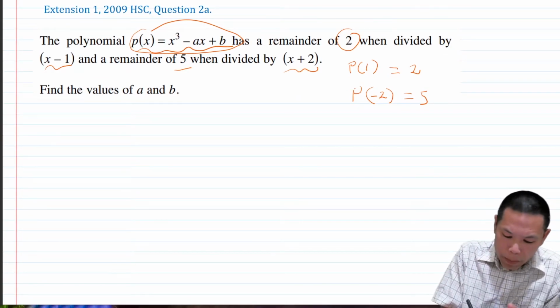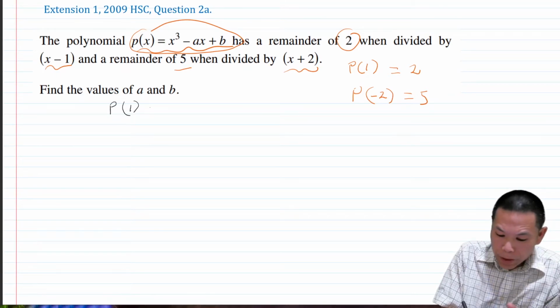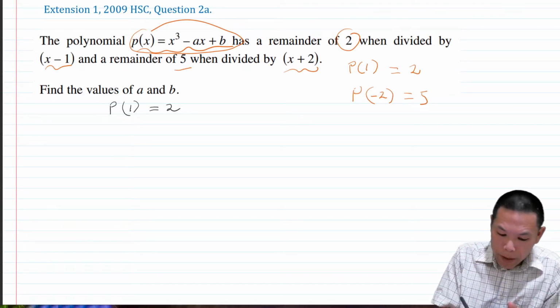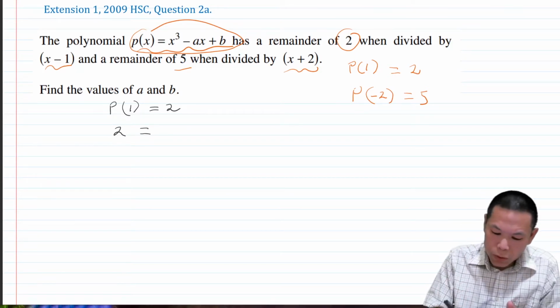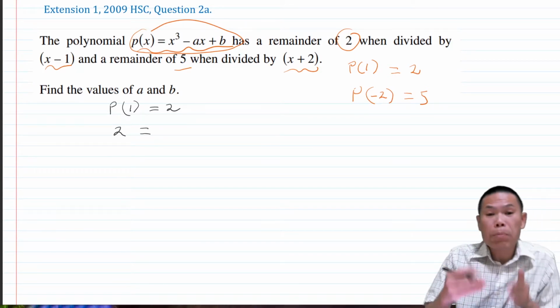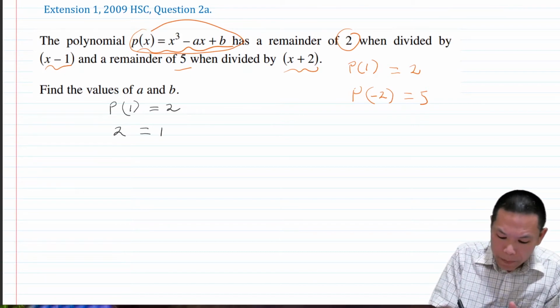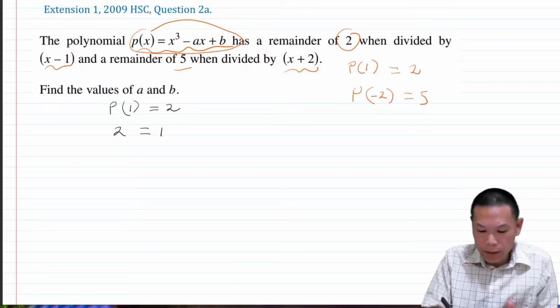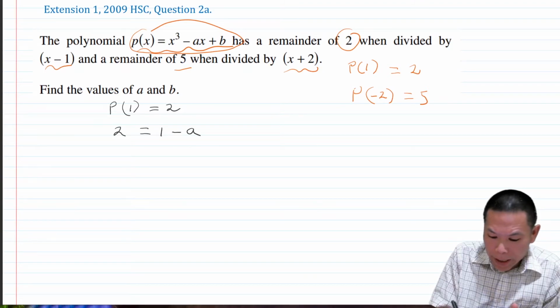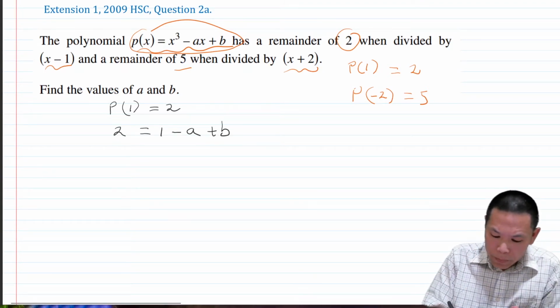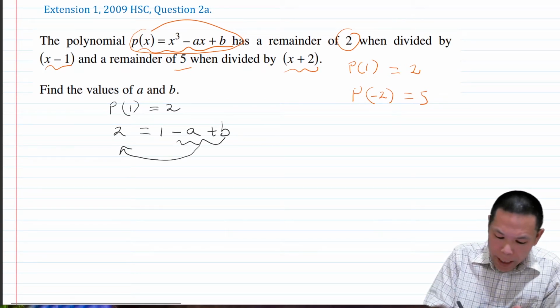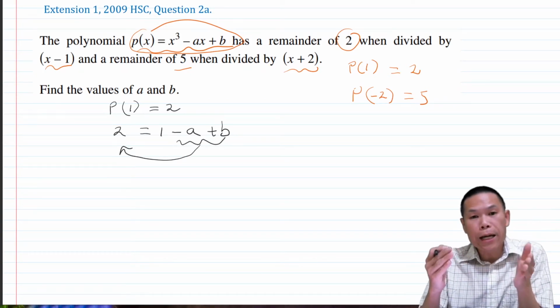So now we know that P of 1 is equal to 2. This means that 2 is equal to 1 to the power of 3, which is 1, and then a times 1 is a, but negative a, and plus b. So now I move this group to this side, so that gives me a minus b.